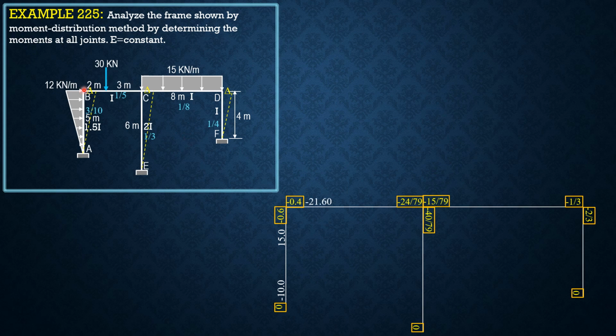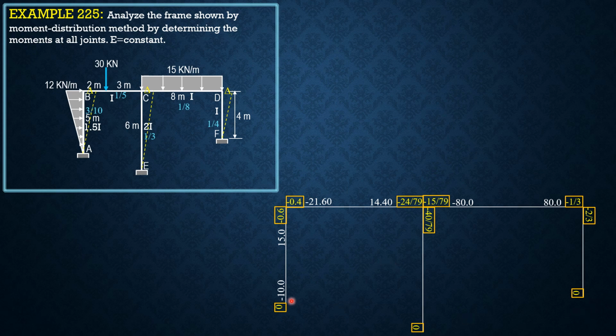For CB, it's positive 30 times 3 times 2 square over 5 square, that's positive 14.4. For CD, negative W L square over 12, 15 times 8 square over 12, negative 80. For DC by symmetry, positive 80. And for CE, no load, so no fixed moments, as well as for DF.